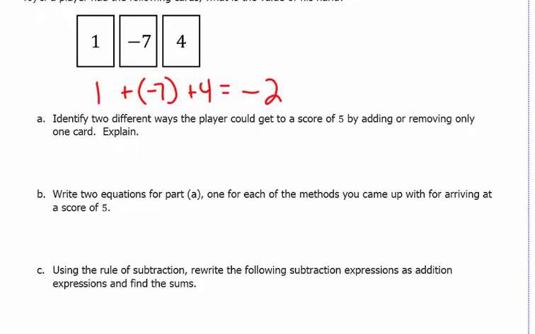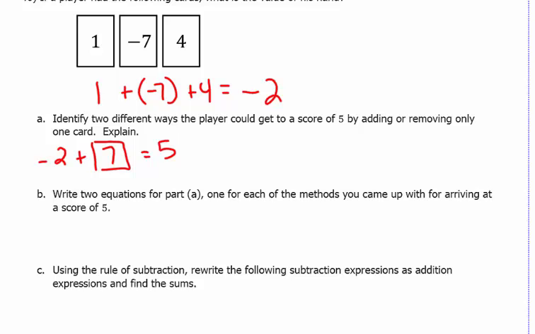So I can add or subtract something to negative 2. Negative 2 plus something equals 5. So what do I need to add to negative 2? If I'm at negative 2 on the number line and I need to get to 5, that's 7 spaces. So if I add 7, that will work.